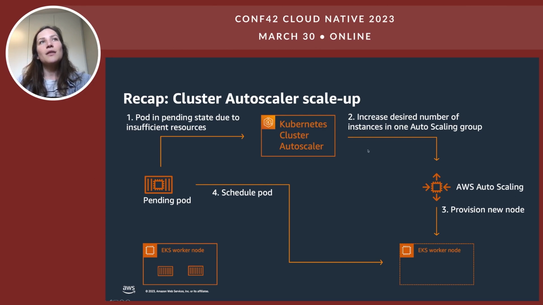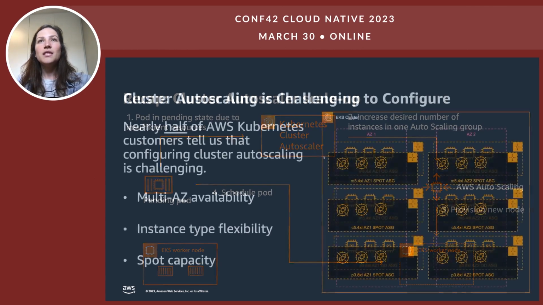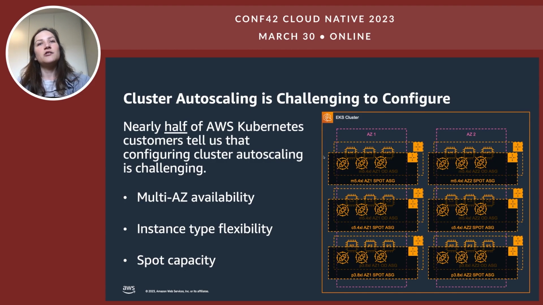And every time that the cluster autoscaler will have a pending pod that needs a big instance, it will provision resources from the big autoscaling group. When it needs a small instance, it will provision resources from the small autoscaling group. But this does bring a lot of challenges.